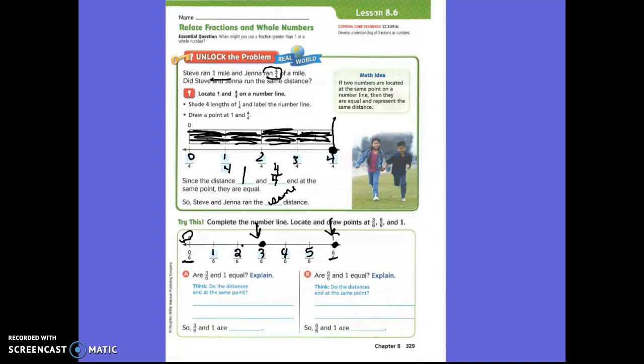It's not the same. The distances do not end at the same point.